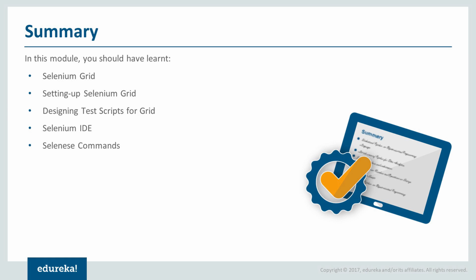We have seen how to design the test scripts for the grid, and we have seen what is IDE, why we have used IDE, what is the disadvantage of using an IDE, and what are Selenese commands, how to record and play back a test case, how to capture multiple test cases or test scripts using your IDE. We have also seen what parameters your IDE would take, and also the verifications and assertions that we can perform using your IDE. So this is all about today's class.